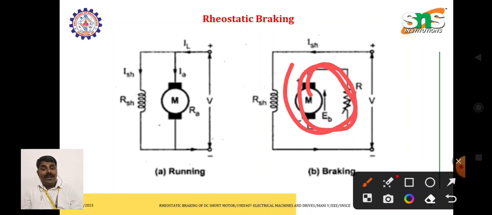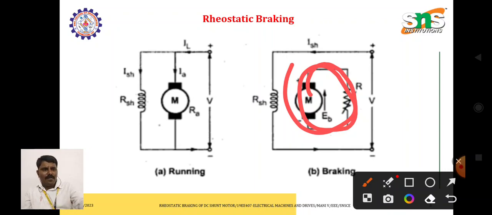So the generated current is converted into heat energy with the help of the variable rheostat. With rheostatic braking, the kinetic energy is converted into electrical energy. We are not utilizing the electrical energy, but converting it into heat energy with the help of the variable rheostat. There also we are producing heat, and here also we are producing heat. And what is the difference? It is a very smooth operation when compared to mechanical braking.